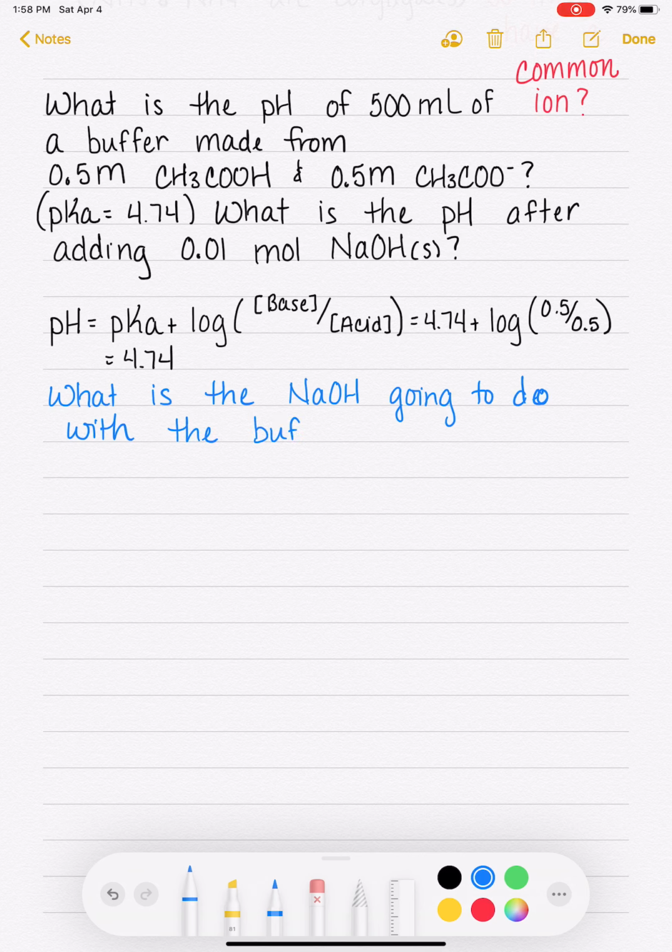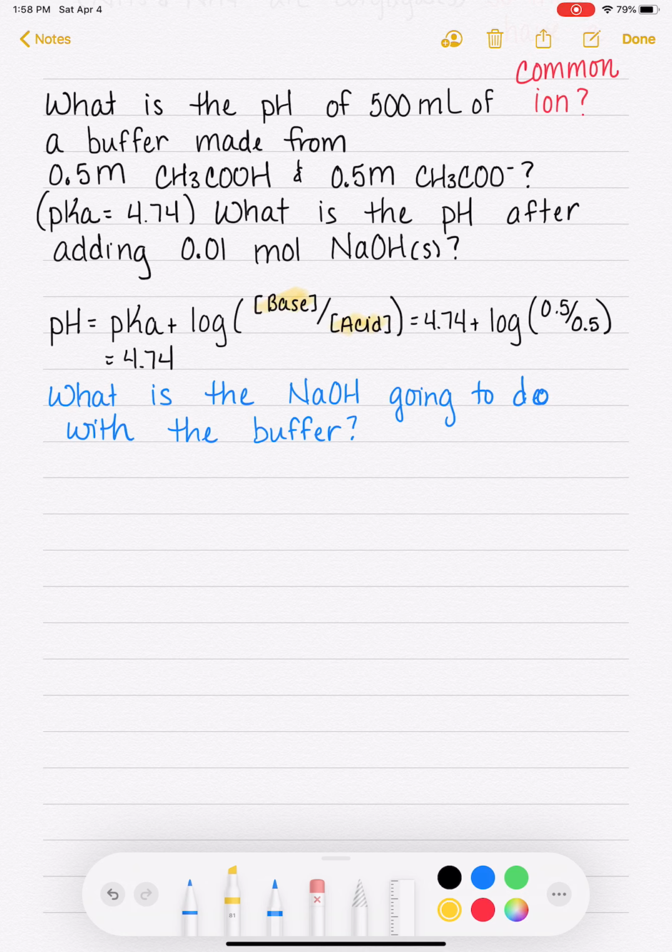What is it going to react with? What part of the buffer is it going to react with? How is it going to change the concentrations of the CH3COOH and the CH3COO minus? How is it going to affect, in the Henderson-Hasselbalch, the base concentration and the acid concentration?